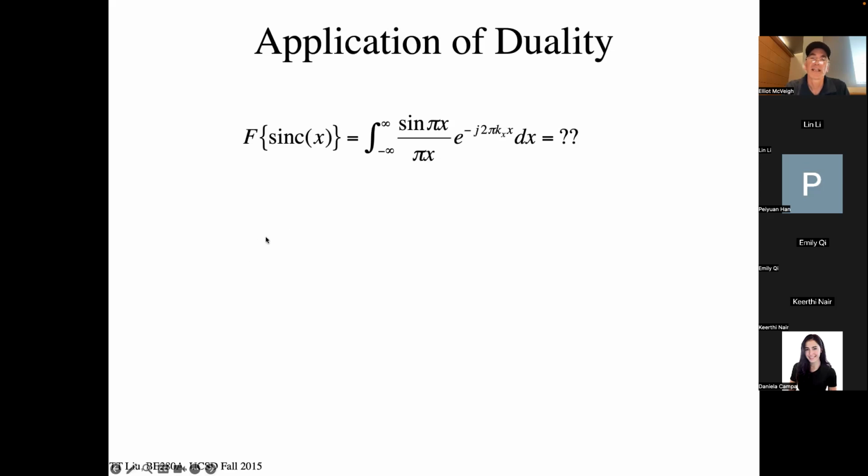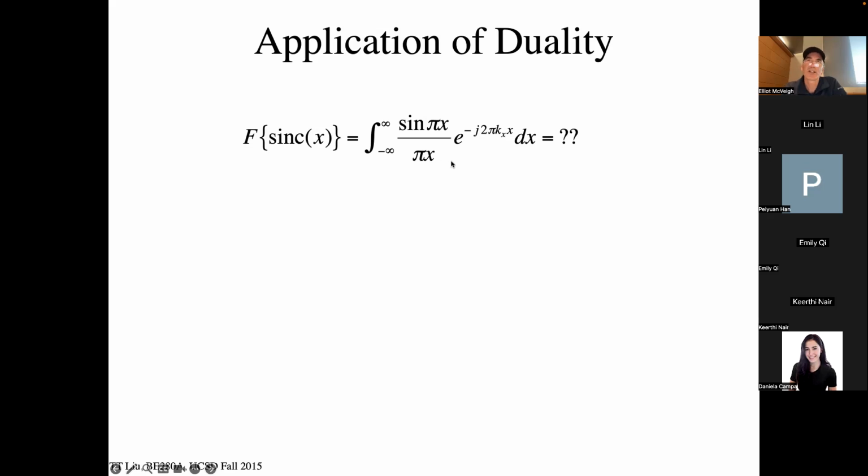Okay, here's an application of duality. What is the Fourier transform of sinc x? I can write down this equation, sine pi x over pi x, put it into the Fourier transform formula, and run this integral.